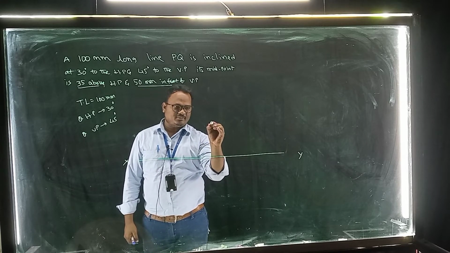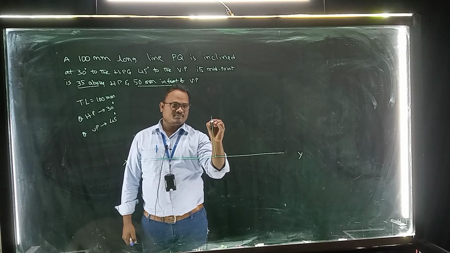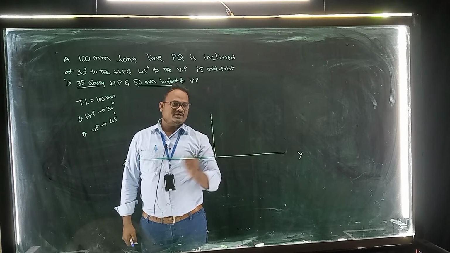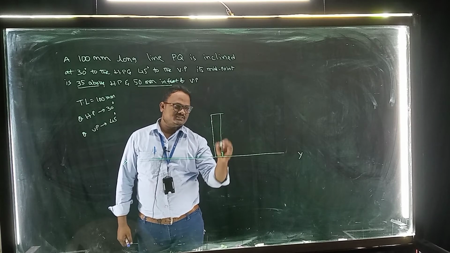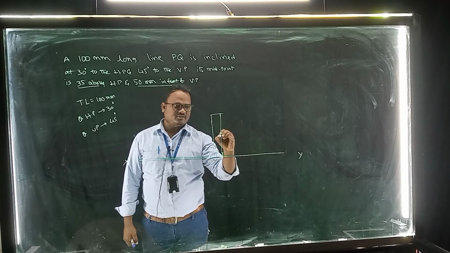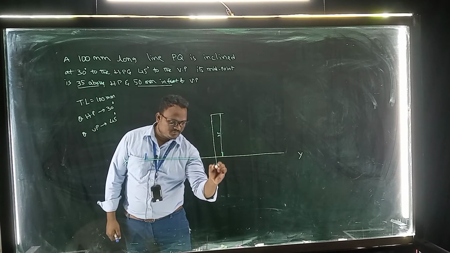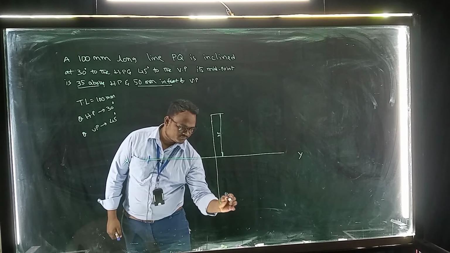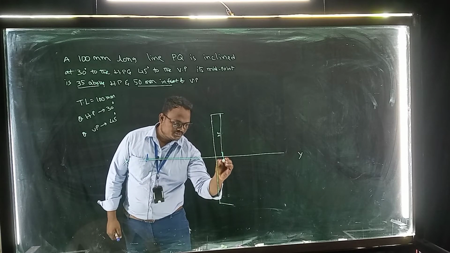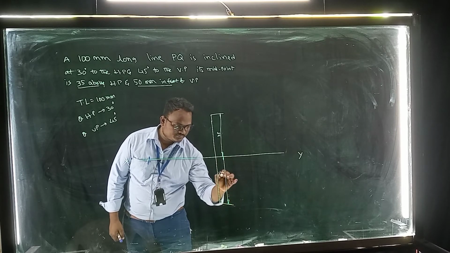So take 35 mm, here to here, this is 35 mm. Now in front of VP he has given 50 mm. So here to here, this is 50 mm.